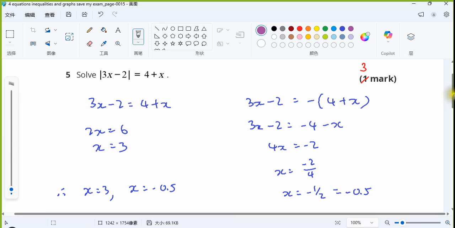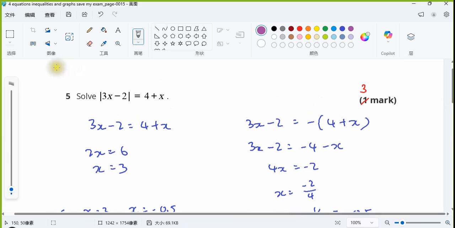So we check. When x equals 3, the left hand side is modulus of 3 times 3 minus 2, which is 7, and the right hand side is 4 plus 3, which is 7.